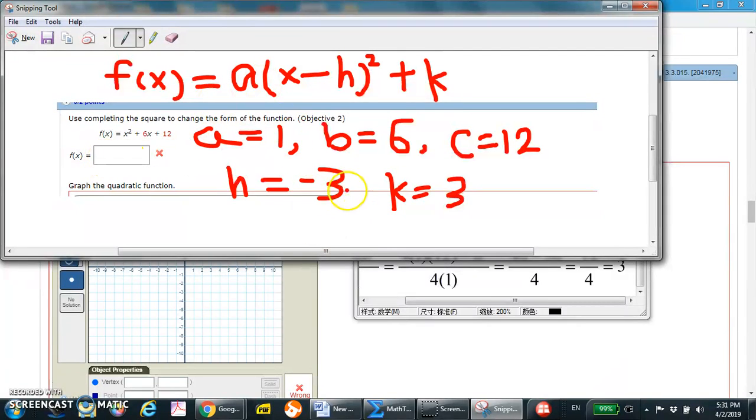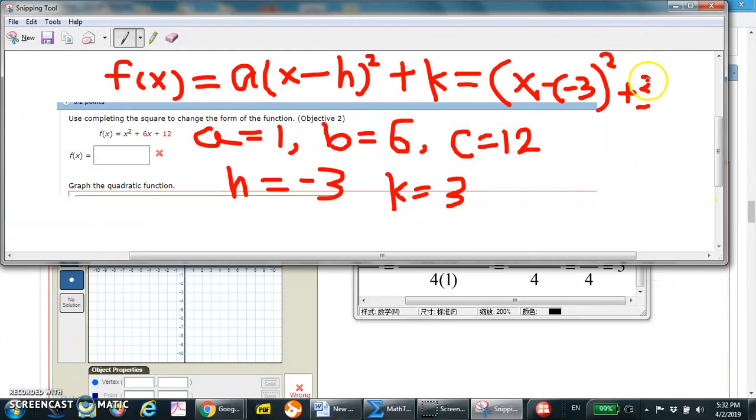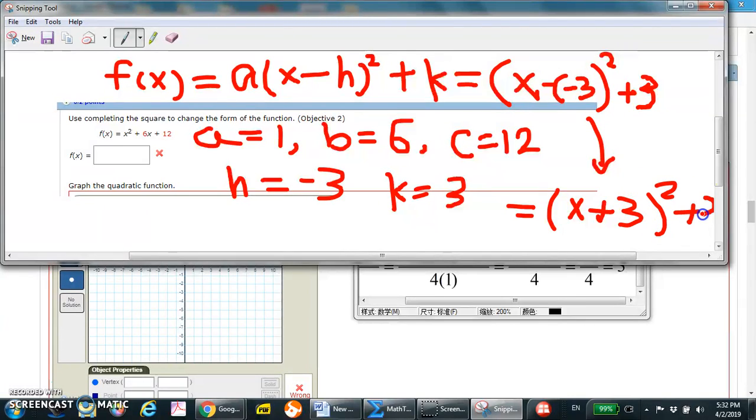So after we found the h and k, we will be able to write down the equation in standard form. So the answer is 1 times x minus negative 3 squared plus positive 3. So this is equal to x plus 3 squared plus 3.